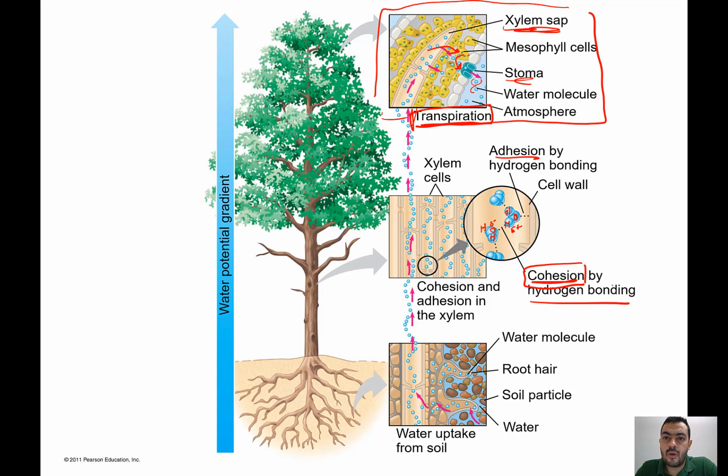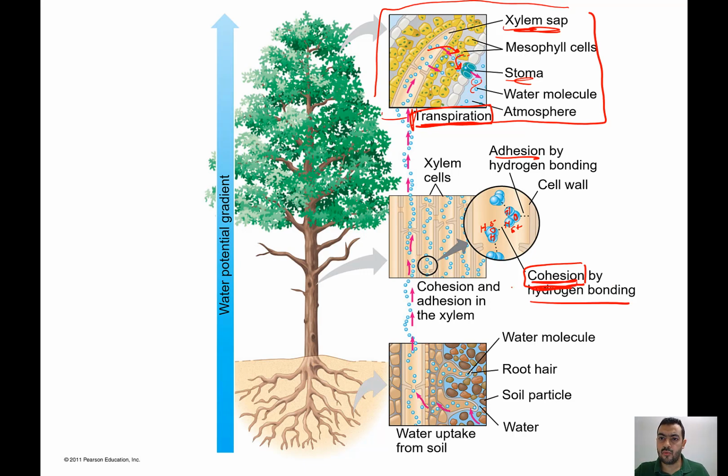Because of that, once they are moving through the xylem vessels, each water molecule is actually pulling another water molecule, which is pulling another water molecule, and so on. So this creates a kind of continuous film of water molecules. So the movement is enhanced or facilitated by the cohesion forces.